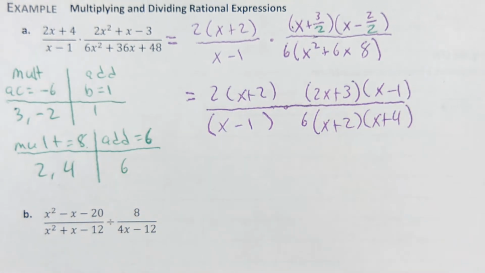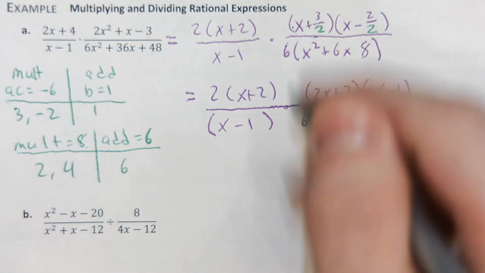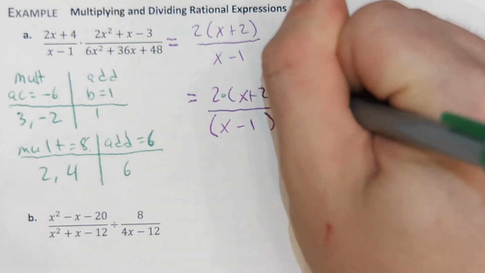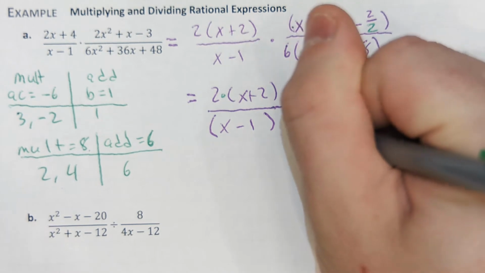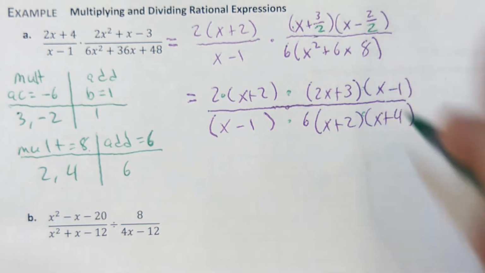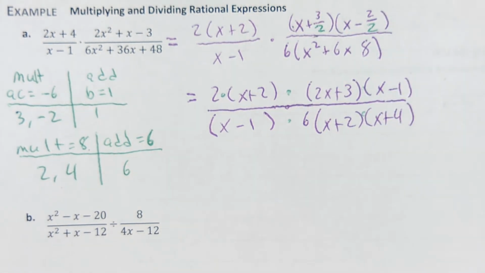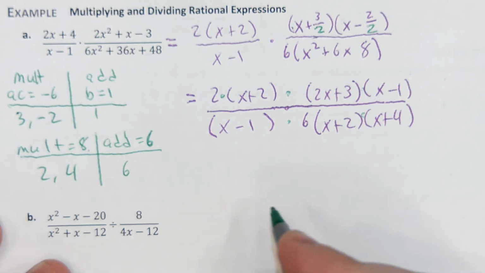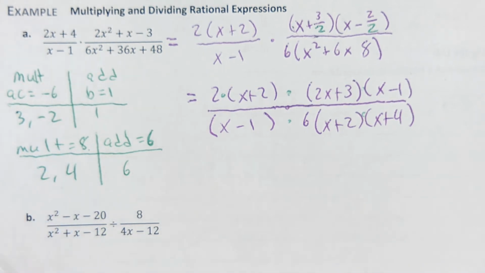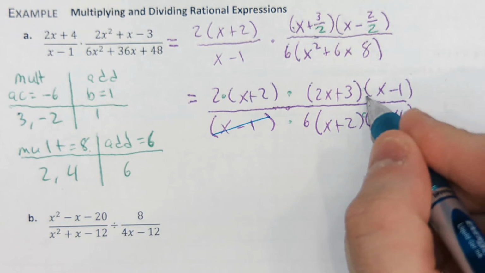And just like we did in our very first example, anything that exists in the top and the bottom, as long as it's separated by multiplication, and all of this is separated by multiplication, anything that exists on the top and the bottom will cancel out. So what we got? I see an x minus 1 on the top and bottom.